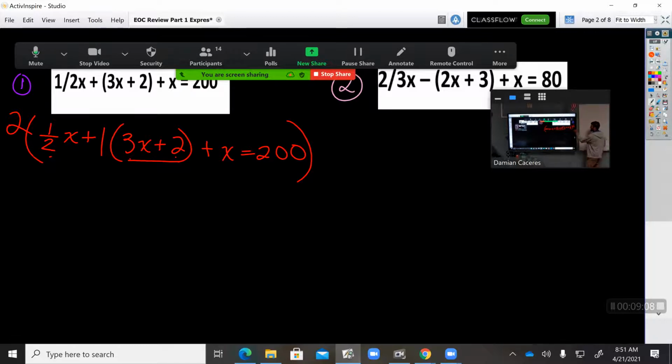So now let's do that. 2 times 1/2 x is 1x. 2 times 1 is positive 2. Remember, parentheses just comes down. 2 times x, positive 2x. And now the last term at the end over there, 2 times 200 is 400.